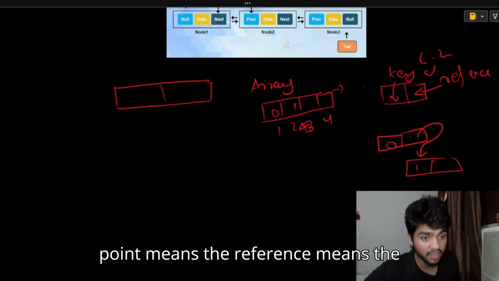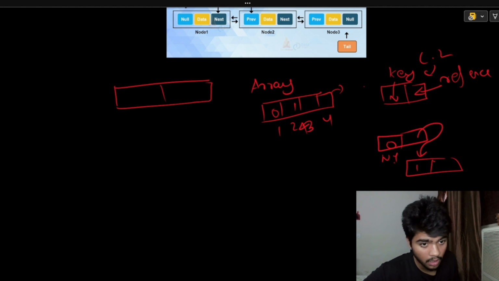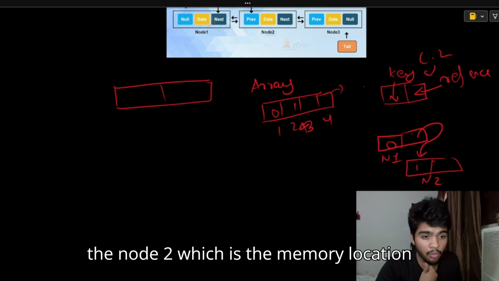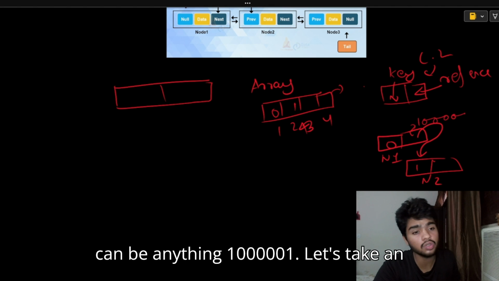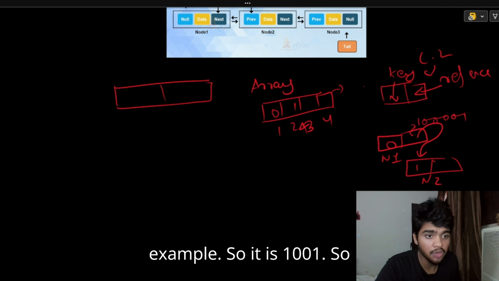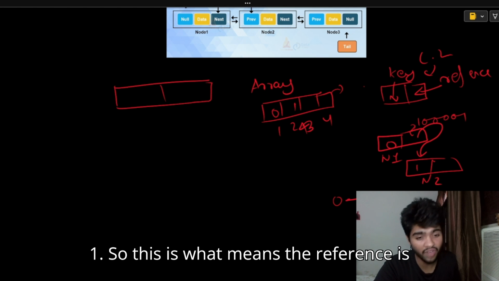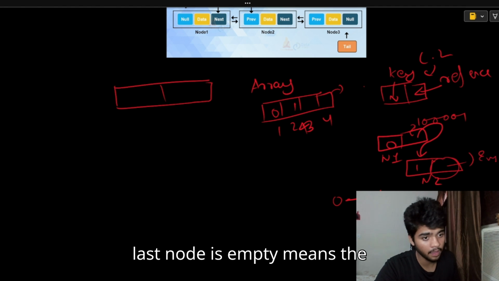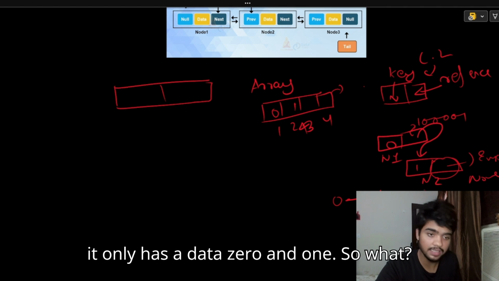The reference in node 0 points to node 1, which is a memory location address. Suppose the memory location address can be anything, for example 1001. So after 0 it is allocated to 1. This means the reference is connected to the next node, whereas the last node is empty, so its reference will be none. It only has data 0 and 1.